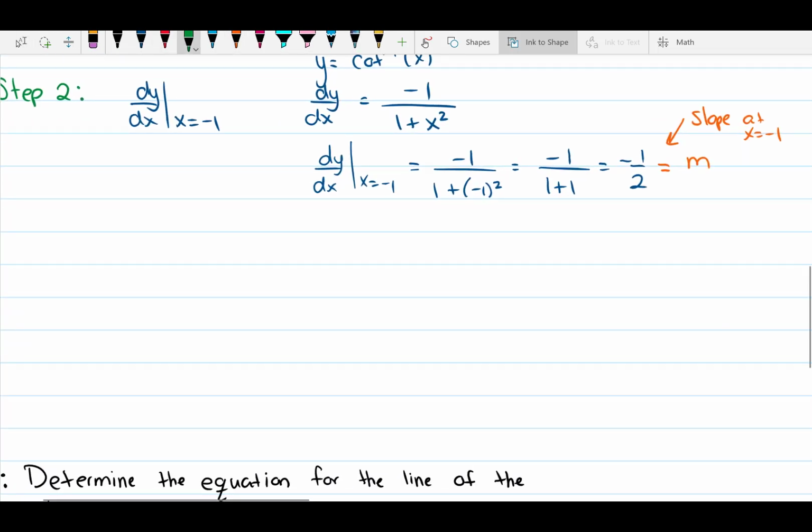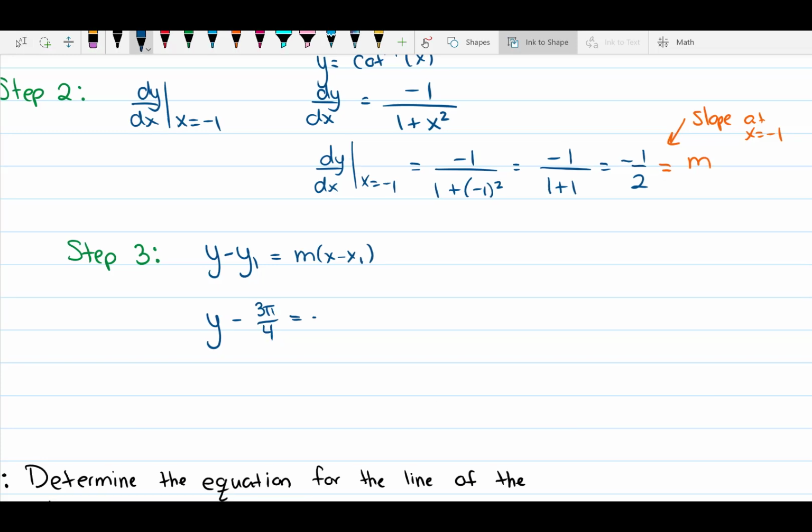All right, and finally, step 3 is to make the equation of a line. y minus y1 is equal to m times x minus x1. So we just plug in all our pieces. y minus 3 pi over 4 equals negative 1/2 times x minus a negative 1, so you get x plus 1.